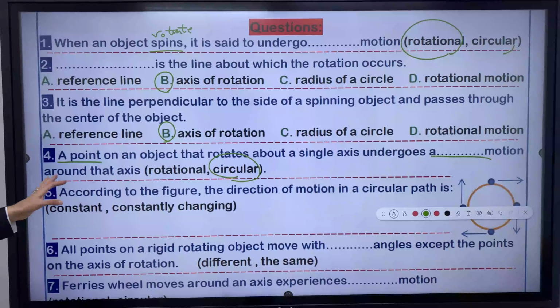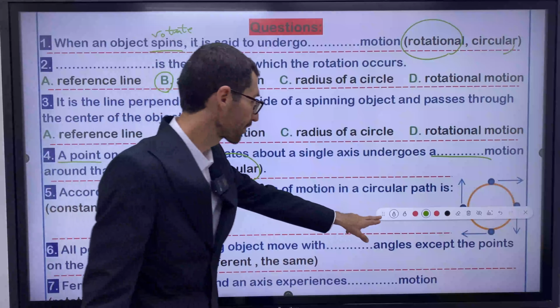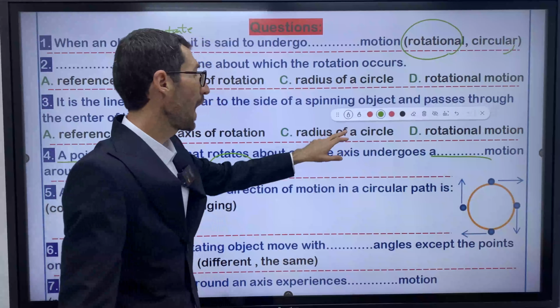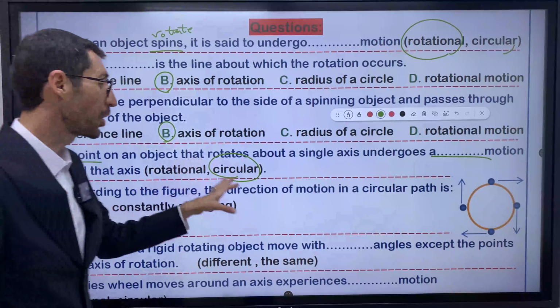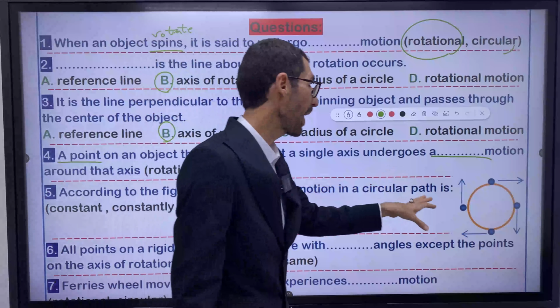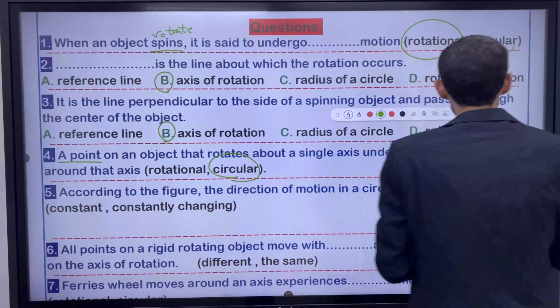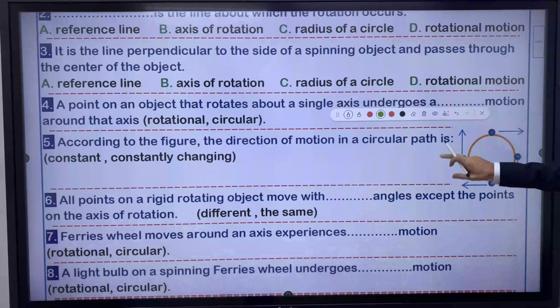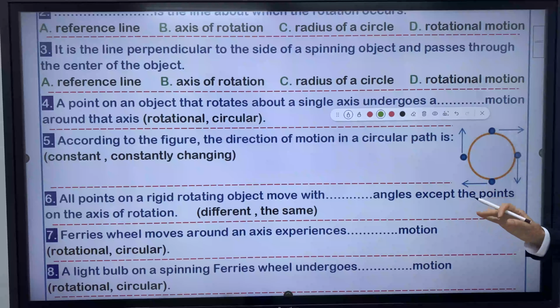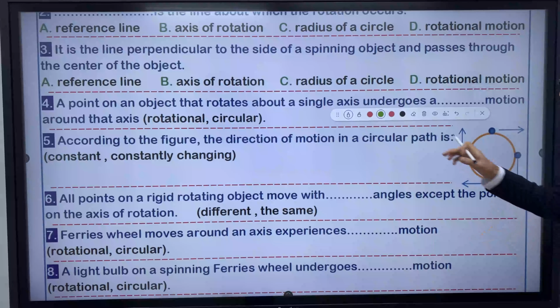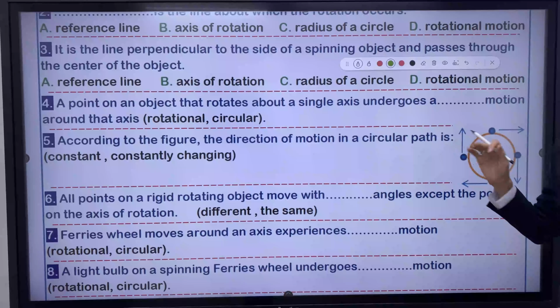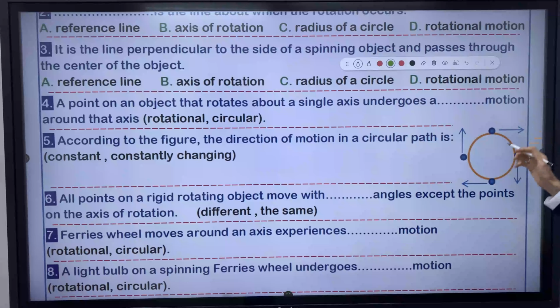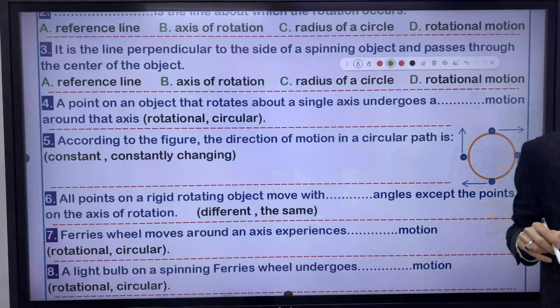Question number 5. According to the figure, we have a figure here, right? According to the figure, the direction of motion in a circular path is, look here, let me explain for you. This figure describes the motion of an object that travels along a circular path.